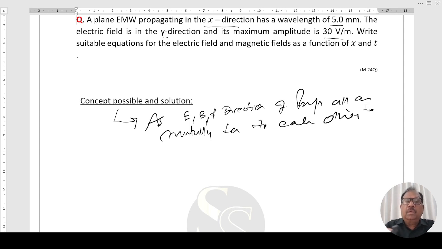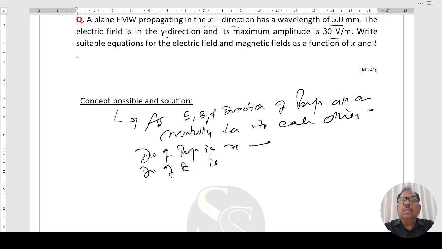Now, in this case, direction of propagation means x direction, and direction of electric field is y-axis, positive.